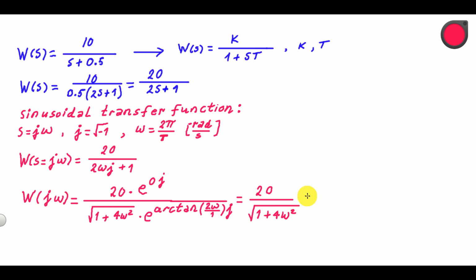And let's write the angle part. We will have e, then what we will have over here, we will have 0 minus arctan 2 omega, and everything multiplied by j.